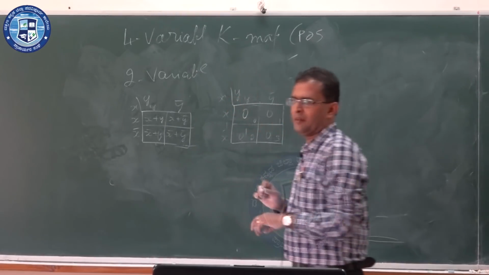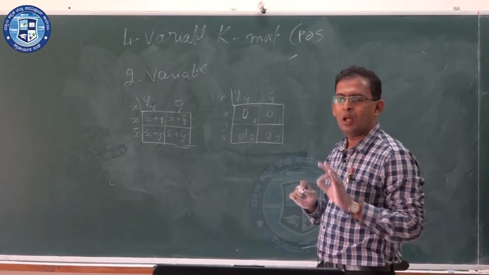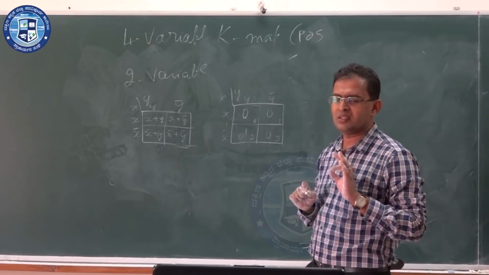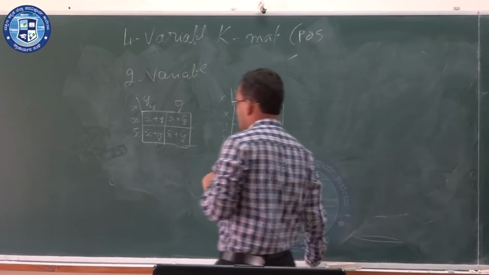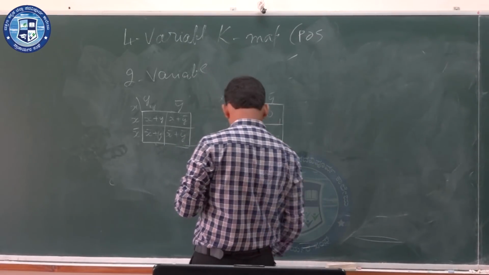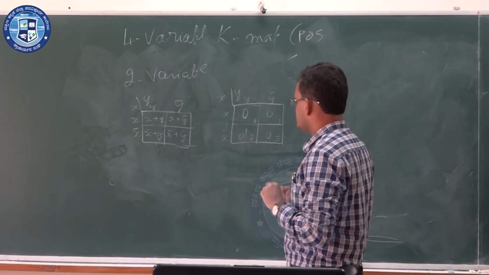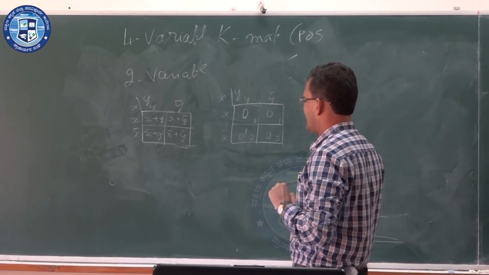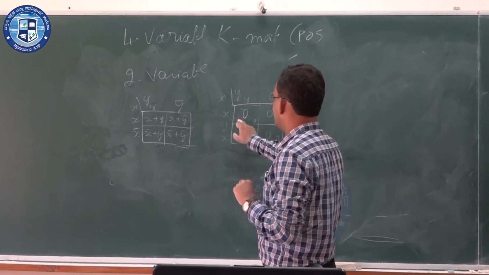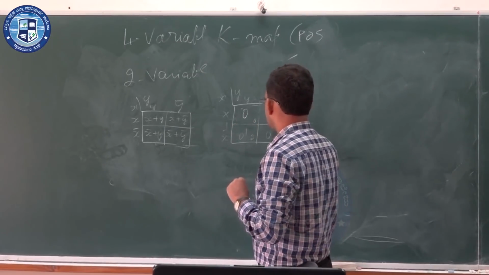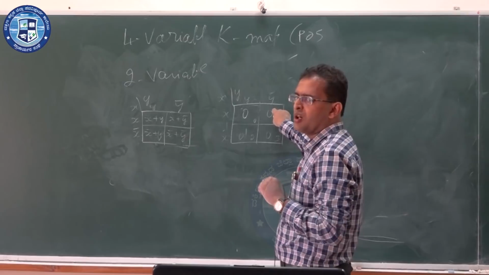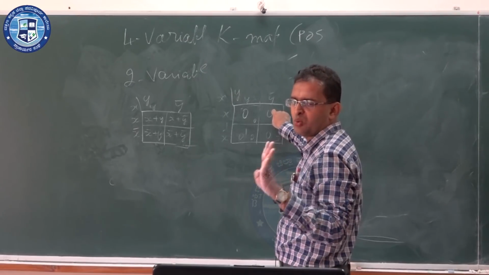In SOP we plot 1, but in POS we plot zeros. The numbers, if you want me to write, are 0, 1, 2, 3. And here also when I am mapping, either I can go for 2 variables, that is a pair, or maximum 4 variables, a quad.